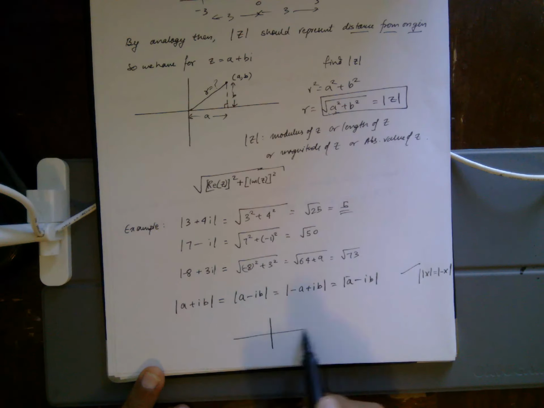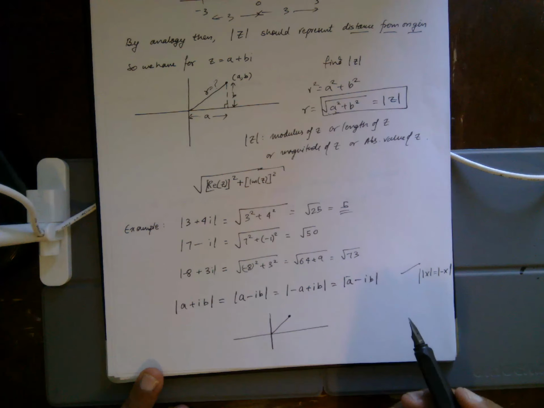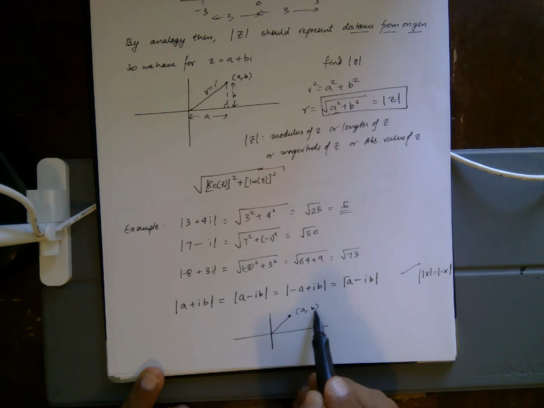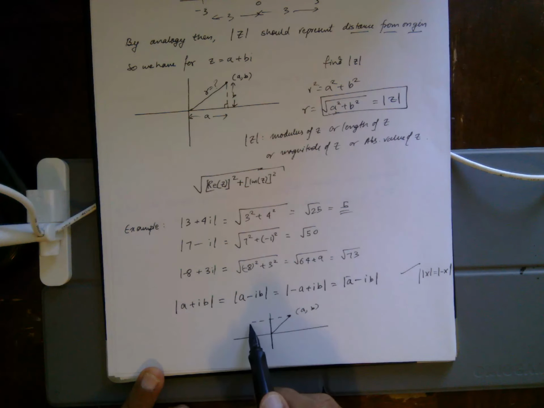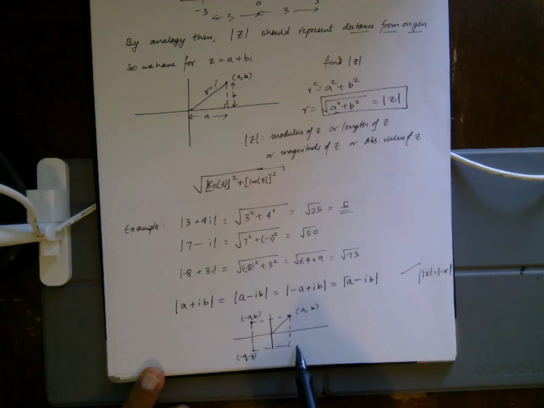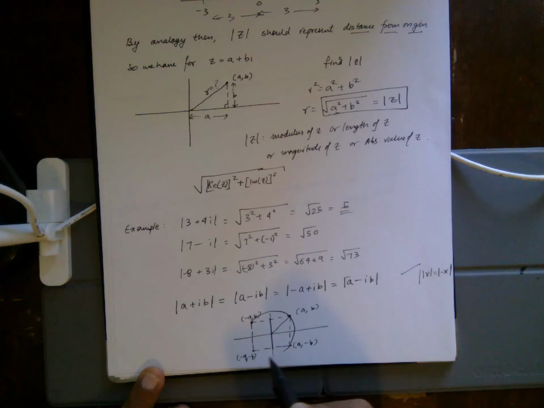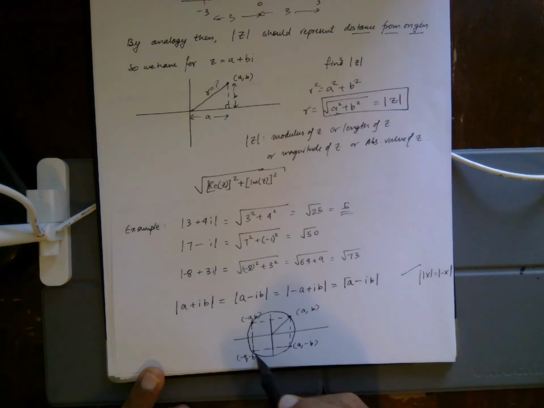And what that says graphically is again something you've seen in trigonometry. For any point (a, b), if you go across, you get (negative a, b). If you go down, you get negative a, negative b. And if you go across, you get a, negative b. And all of these points form a rectangle which lie on a circle.